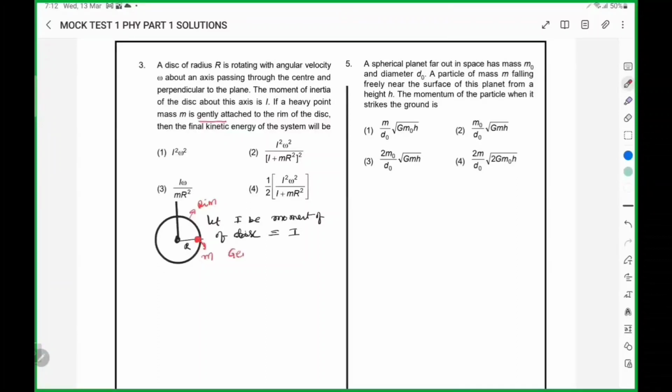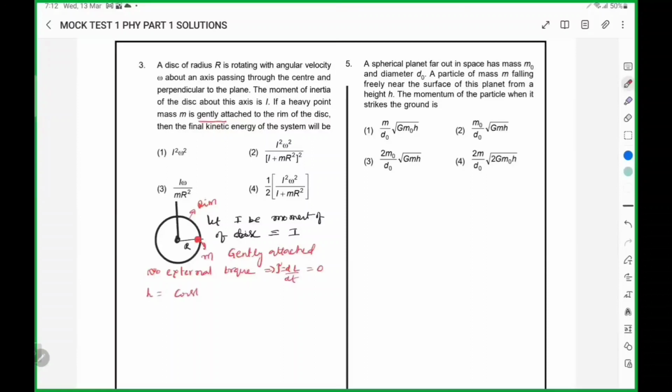The meaning of gently attached, so no external torque, which implies torque, which is nothing but rate of change of angular momentum, is 0.